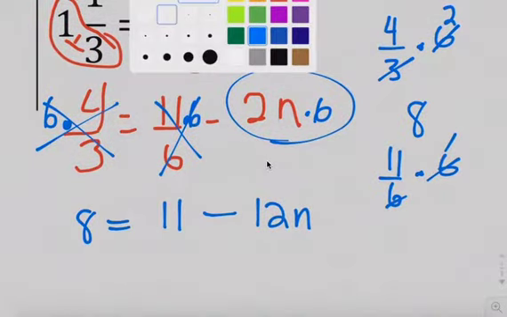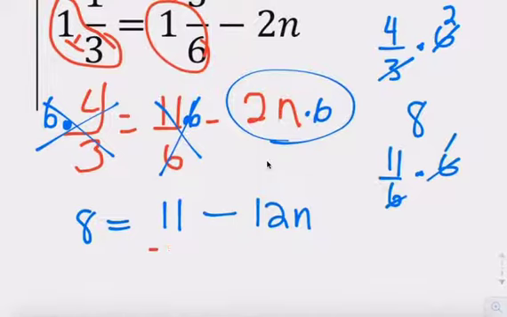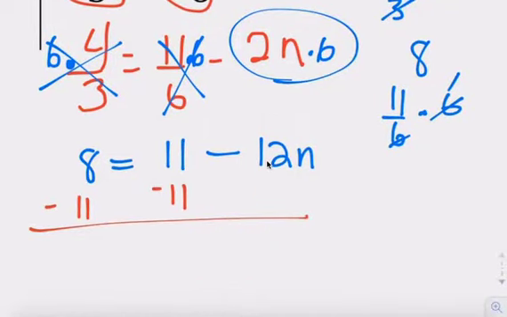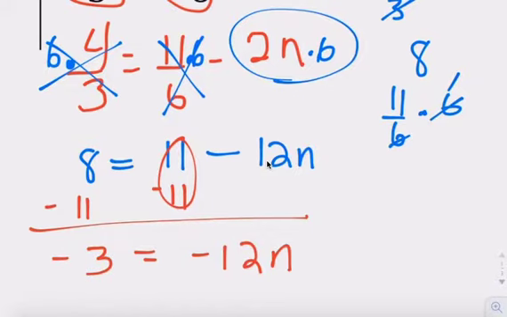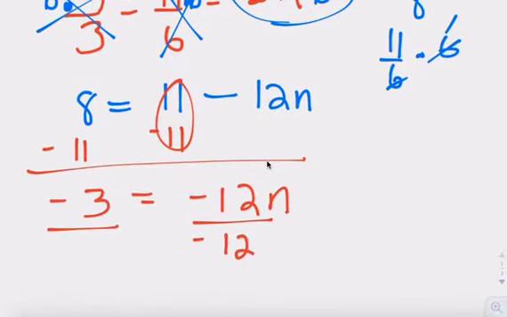Now you make zeros. You minus 11 to both sides. Gives you 0. 0 minus 12n is a negative 12n, equals negative 3. The last thing you do is divide. Divide by negative 12. N equals 1 over 4.